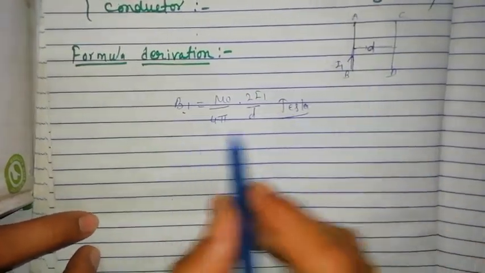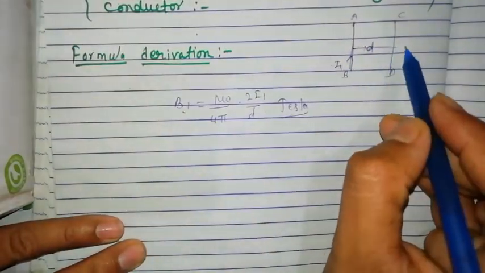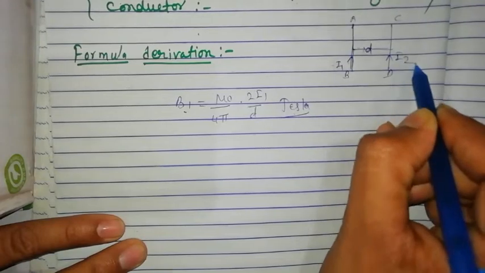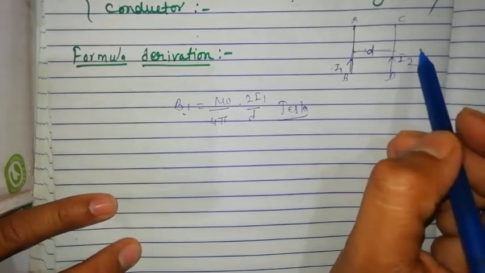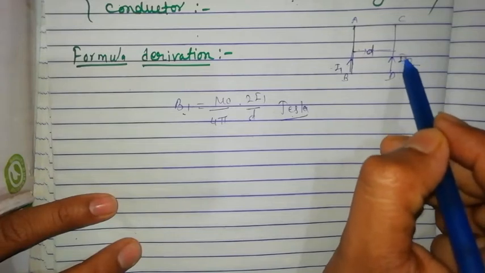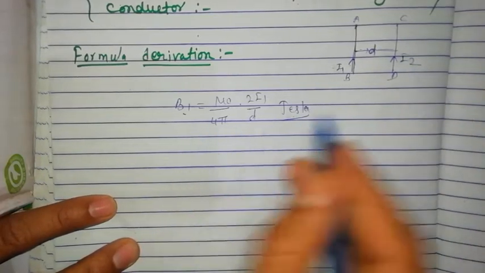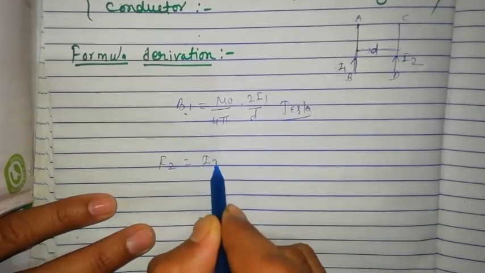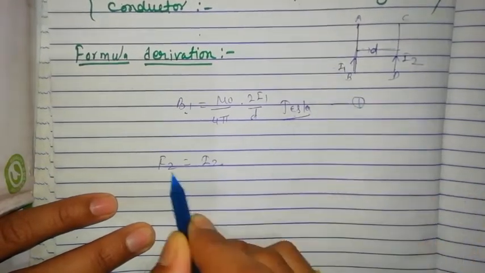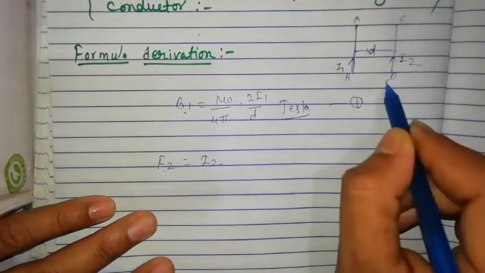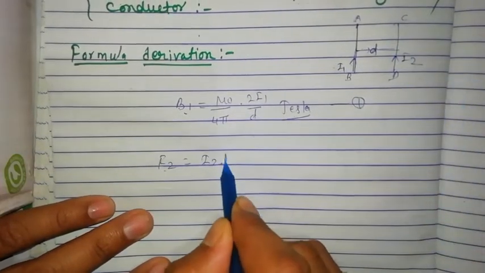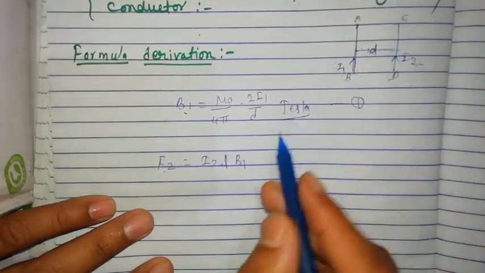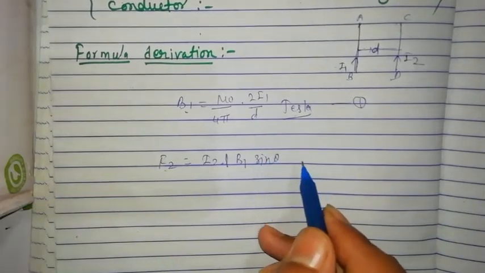And secondly, if current I2 is made to flow through conductor CD, then the force acting on its length L will be given by F2 equal to I2 L B1 sin theta, equation number 1.